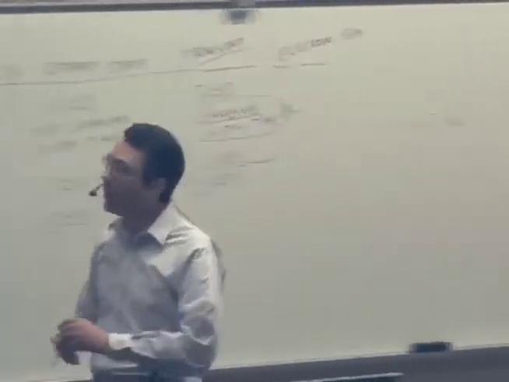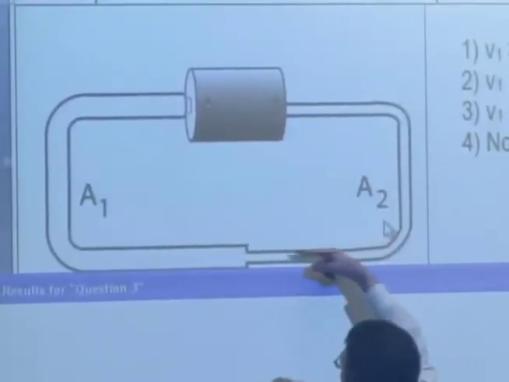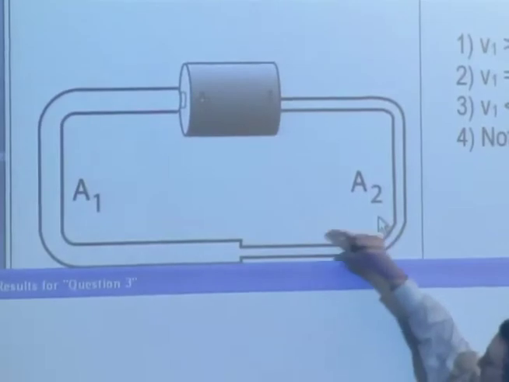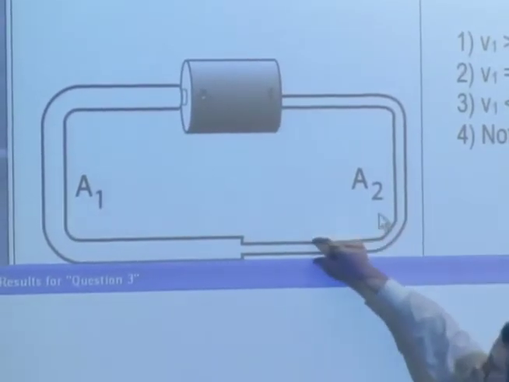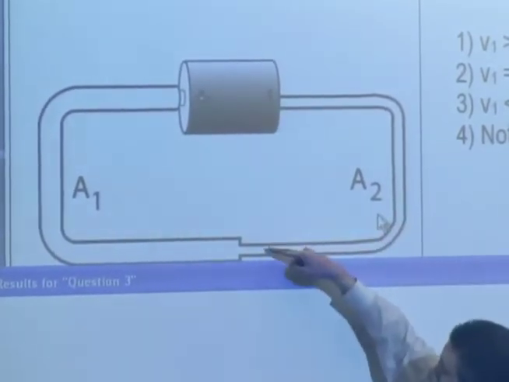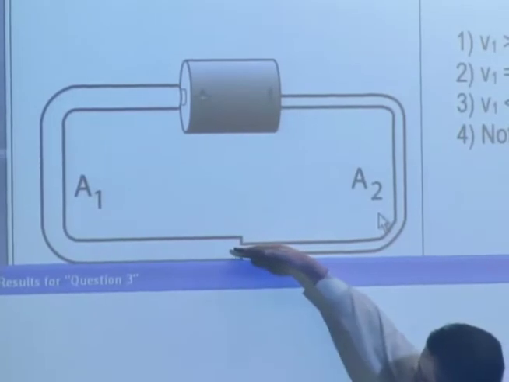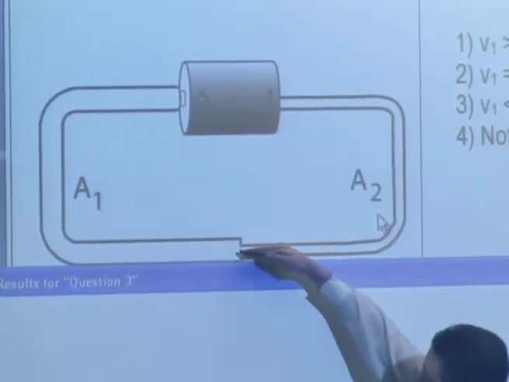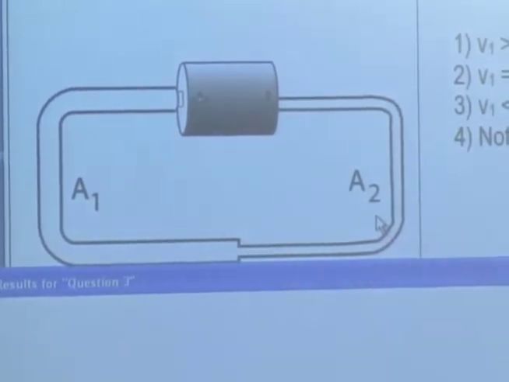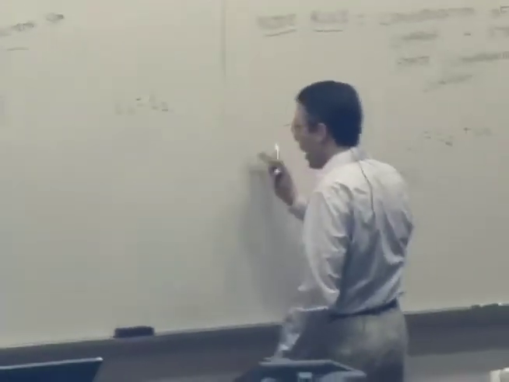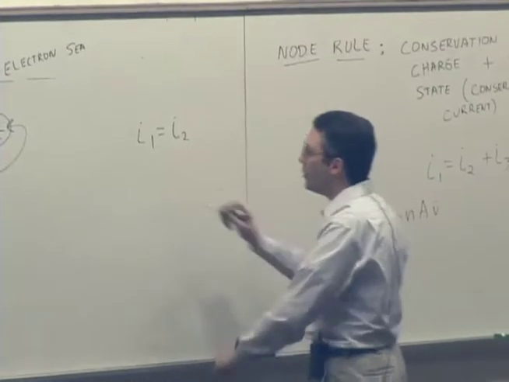which way is the current flowing, first of all? The electrons are moving from the negative to the positive, so the electrons are moving that way, right? So the number of electrons per second flowing out of wire 2 has got to be equal to the number of electrons per second flowing into wire 1. So we can say I1 is equal to I2.